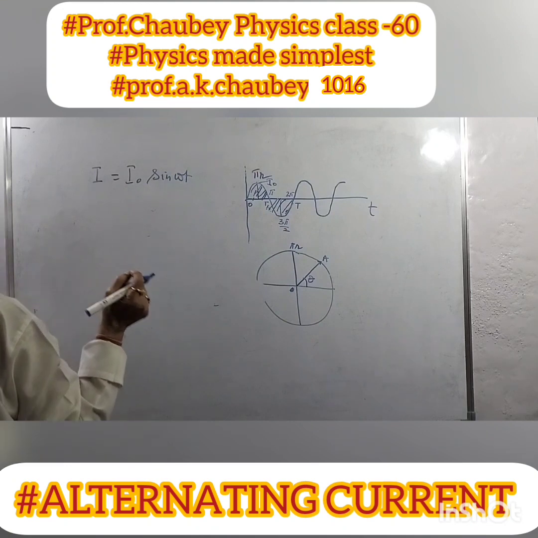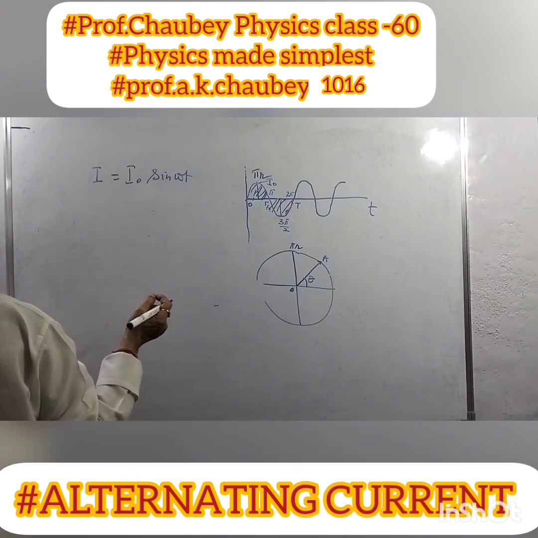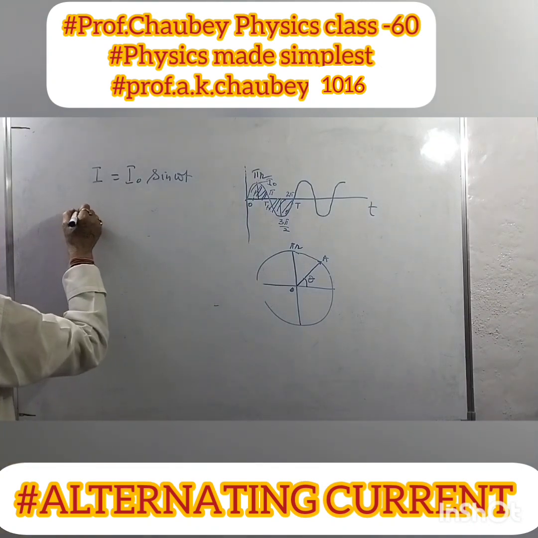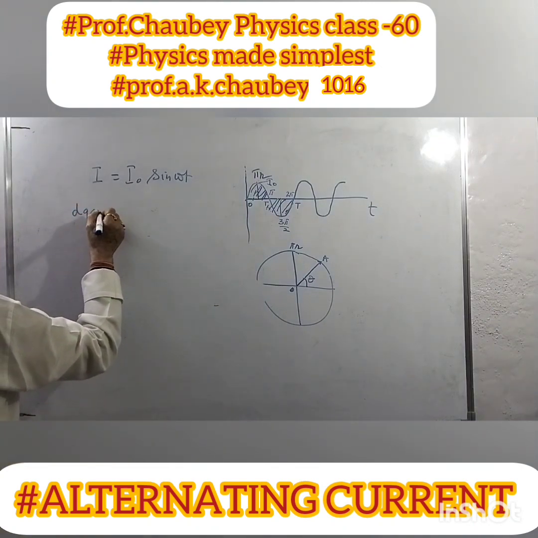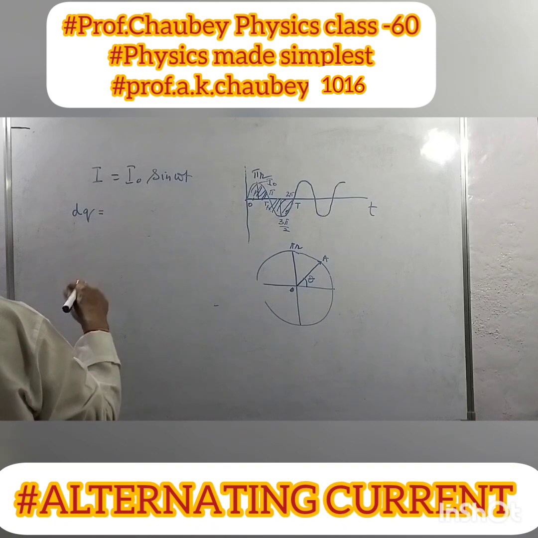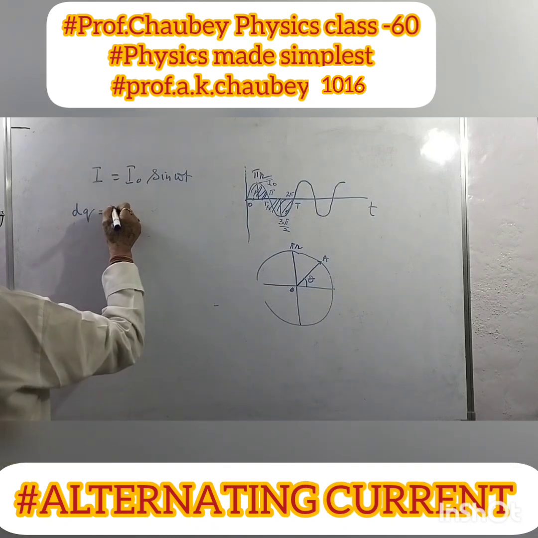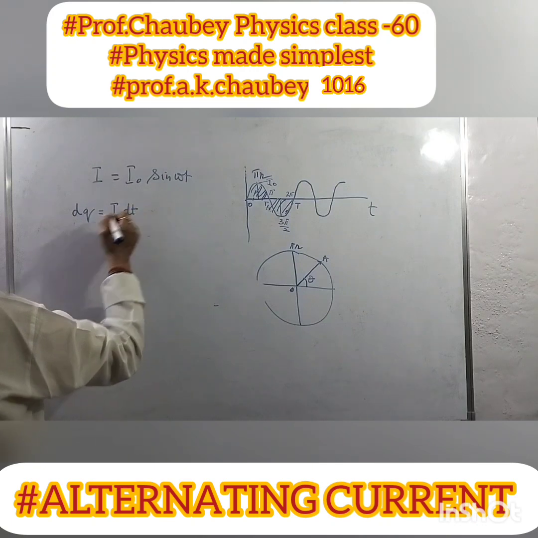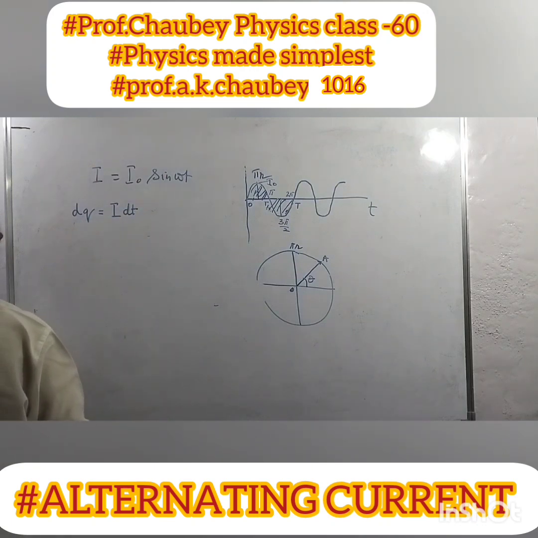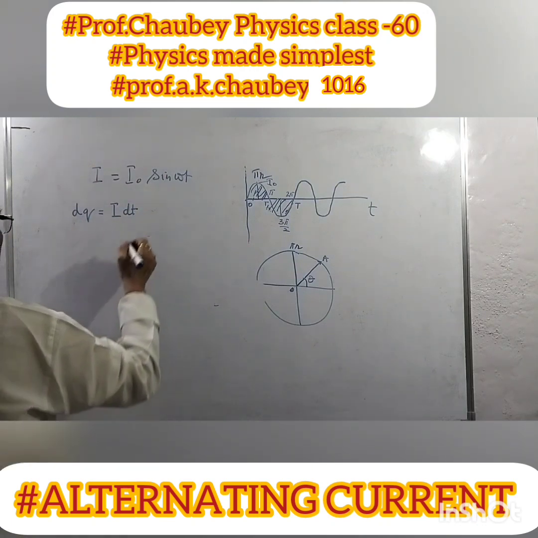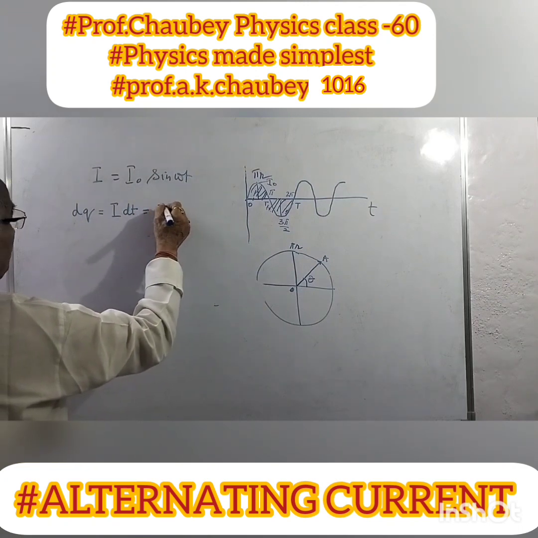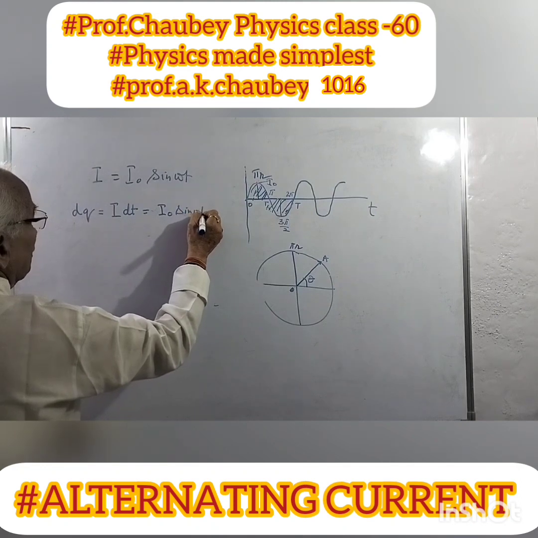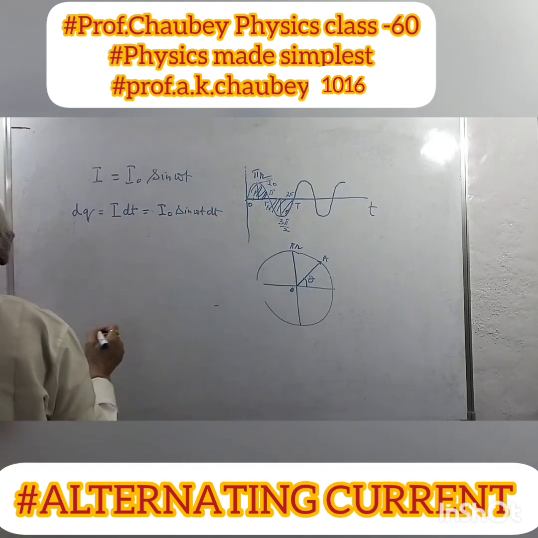For a small time dt, a small charge dq flows, and dq by dt is the current I. So dq can be written as I dt, which is I naught sine omega t dt.